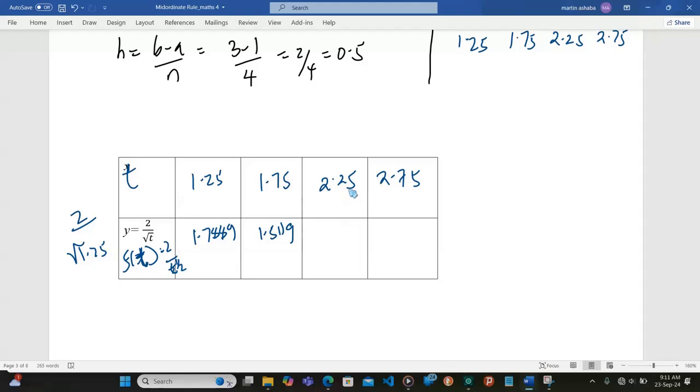If I put in 2.25, I get 1.3333. I'm using 4 decimal places, so let me maintain the same. Then 2 over root of 2.75, and what I'm getting is 1.2060.